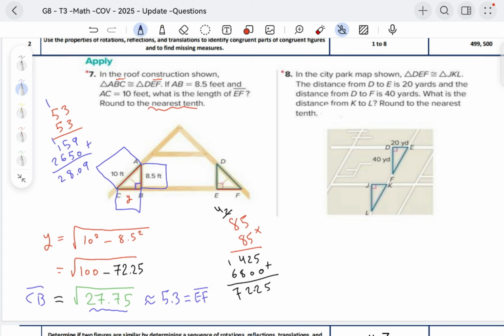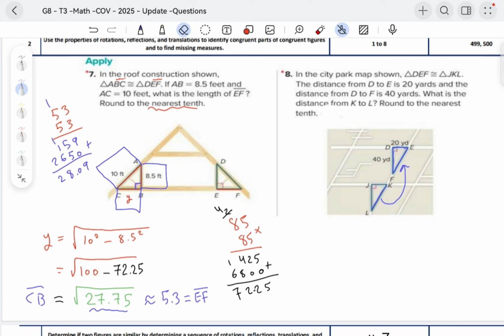Okay, now let's go for question number 8. Also here we have two congruent triangles. It says that the measurement for DE is 20 yards and the segment DF is 40. They ask us to find the distance from K to L. K to L corresponds to EF.